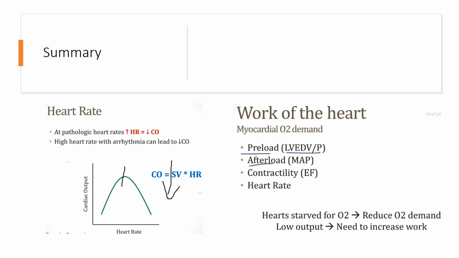So if the heart is not efficient, or it has low output, then it must manipulate these four parameters in order to work efficiently. These four parameters are very important for the physiological activity of the heart.